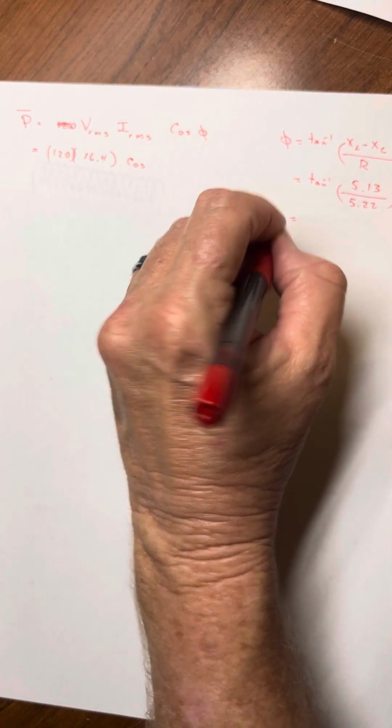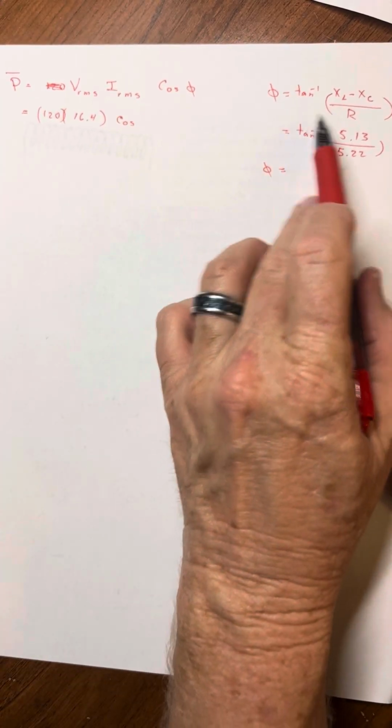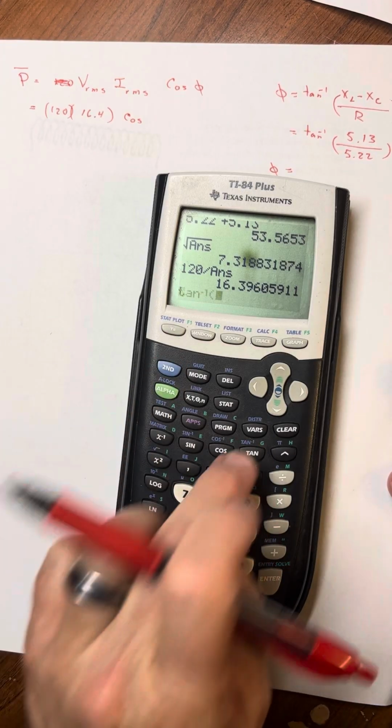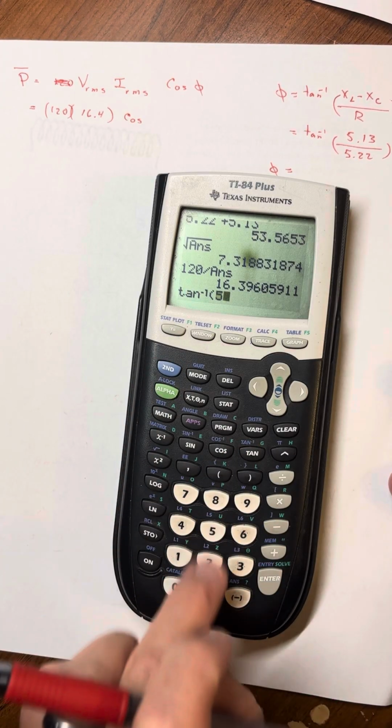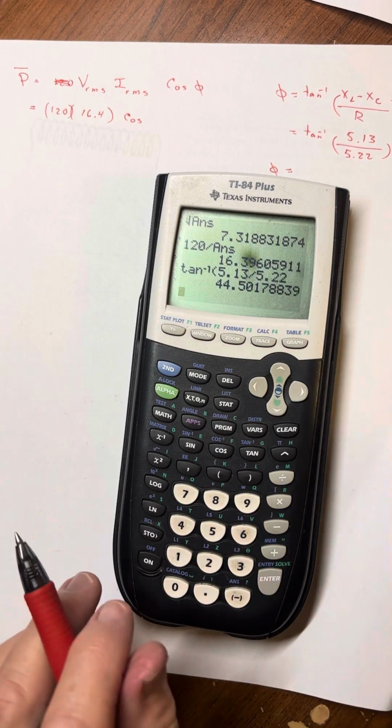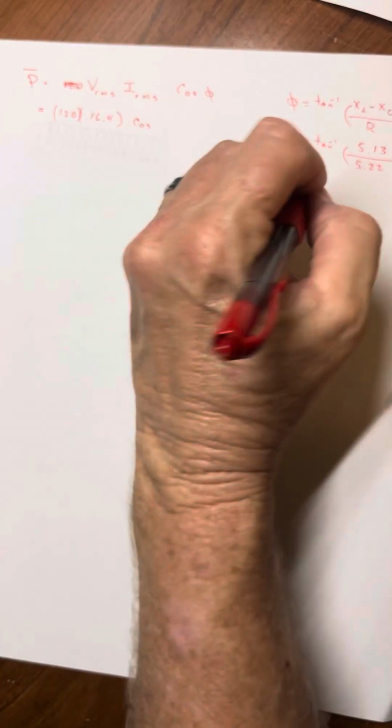So they're almost the same. This is going to give me an angle very close to 45 degrees, since we know the inverse tangent of 1 is 45 degrees. So inverse tangent of 5.13 divided by 5.22, and I'll get 44.5.